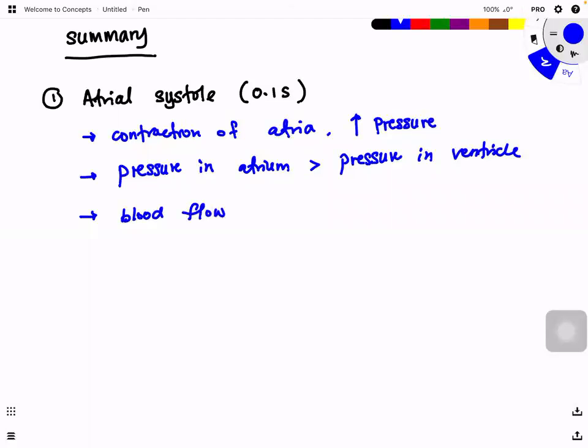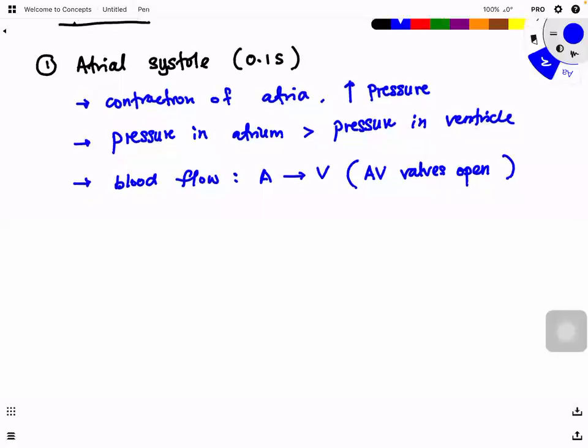The blood now flows from the atrium to the ventricle, which means that our AV valve opens. But again, guys, be careful when I say the AV valve opens, because it doesn't mean that it only opens at this moment during atrial systole. The AV valve already opens during the diastole. So now this is atrial systole.